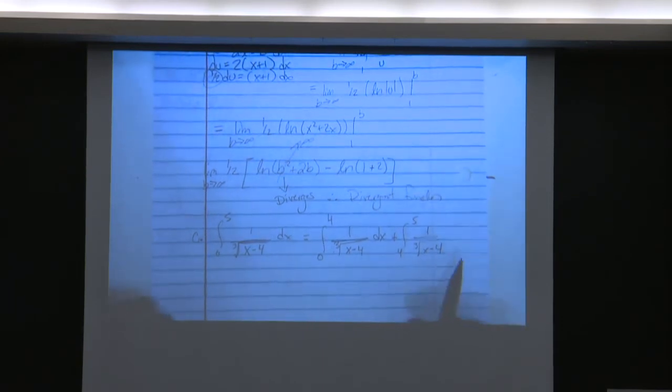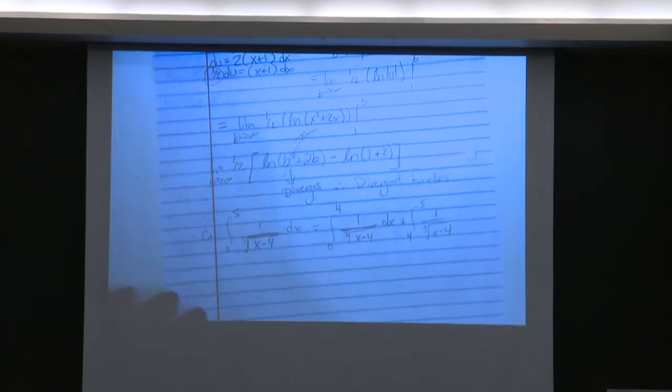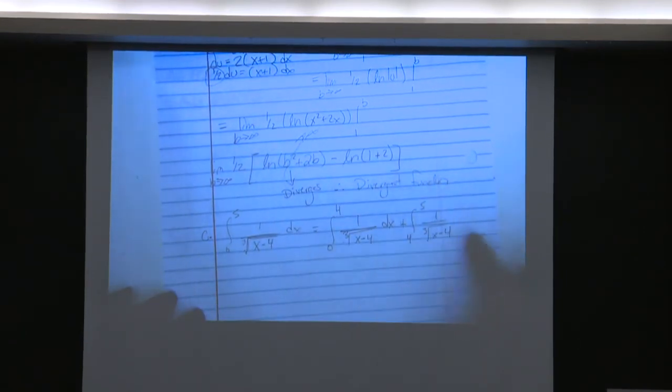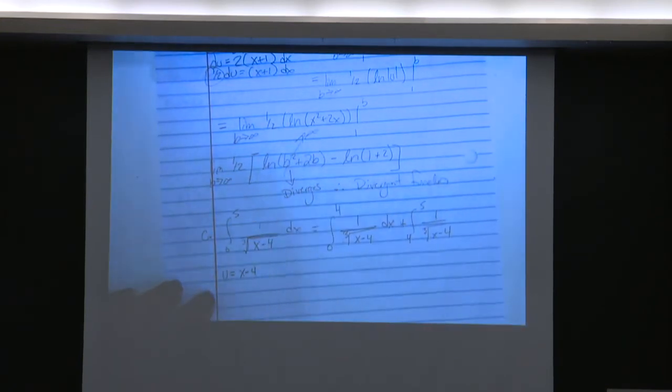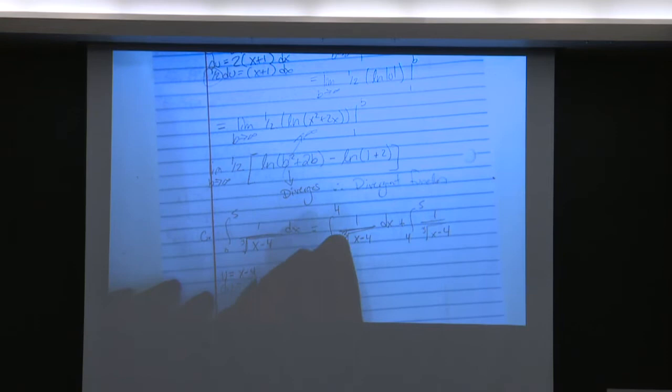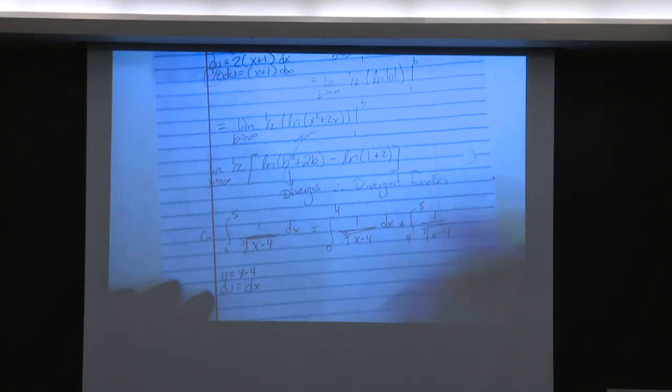So let's keep going. I can do u substitution. Oh no, I can just do both at the same time. My u, I'm going to set as x minus 4, because I know my du would just equal dx.